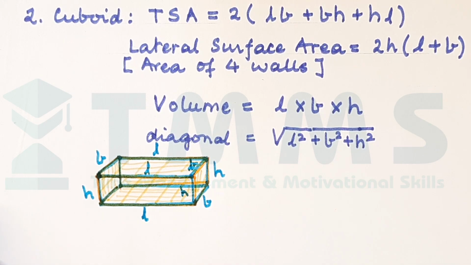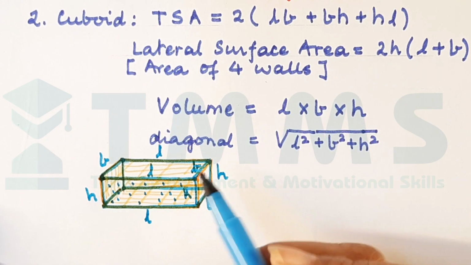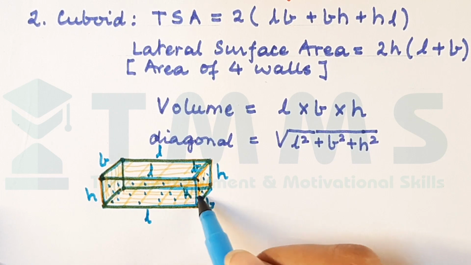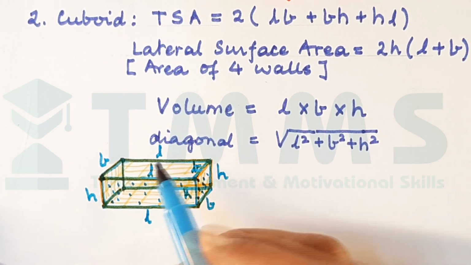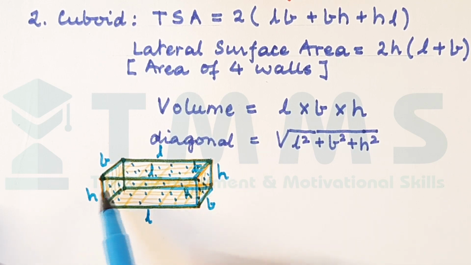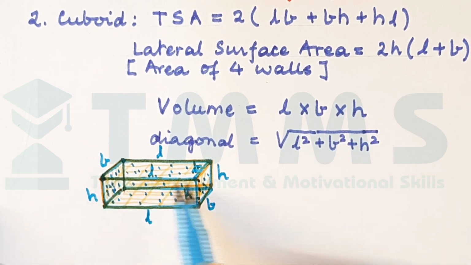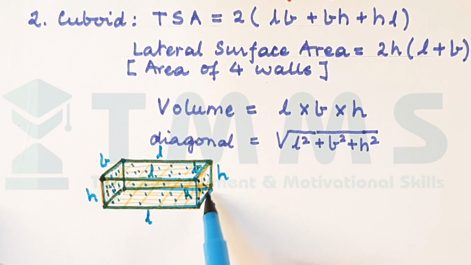Visualize this once again. I shall use another color. We will have this surface here, the one which is facing you. Then we'll have this surface which is on the side on the right. Then we'll take this surface which is at the back. Then we'll take this surface which is on the side on the left. Then we have the top surface, and then we have the bottom surface.